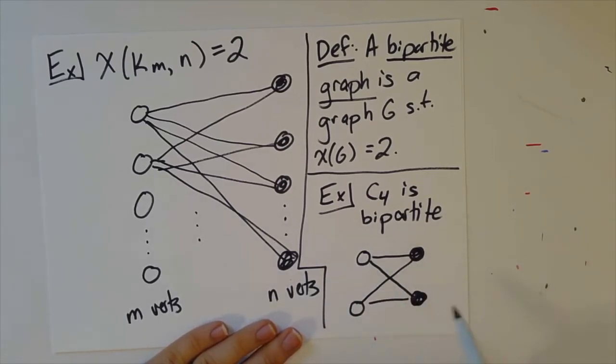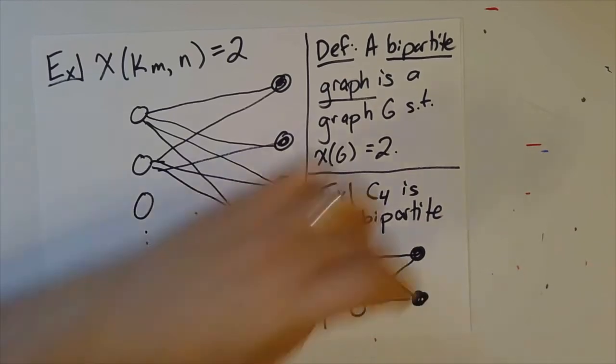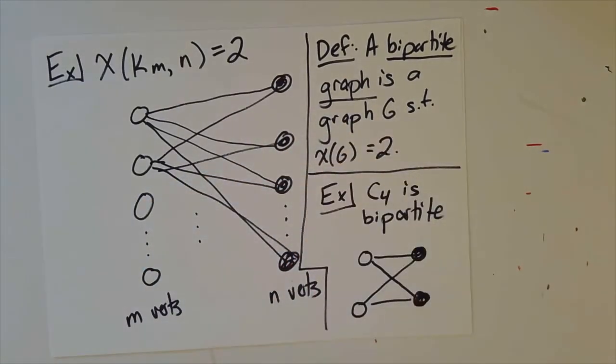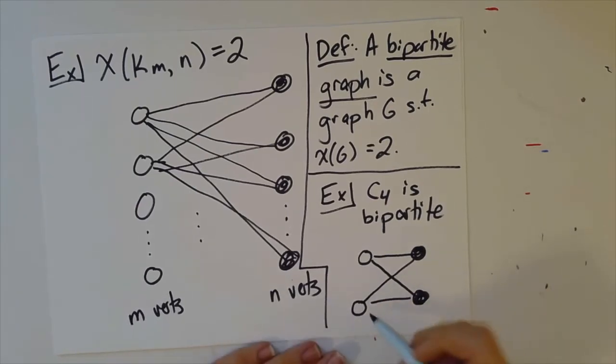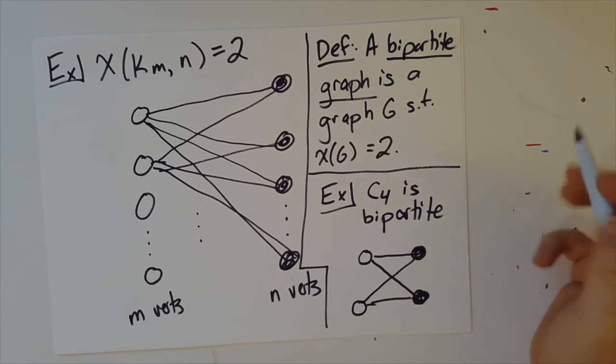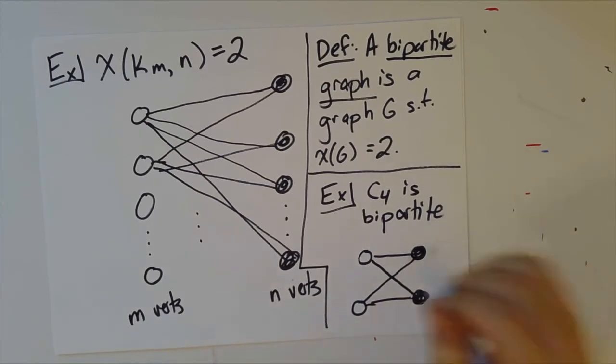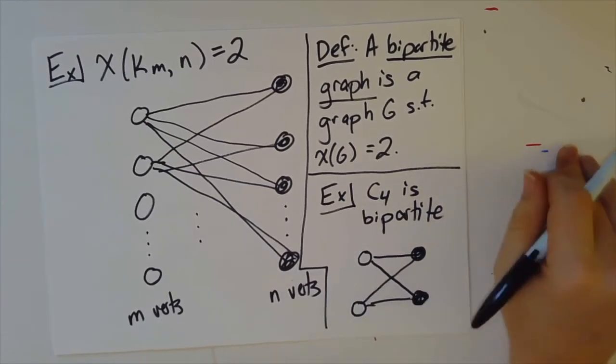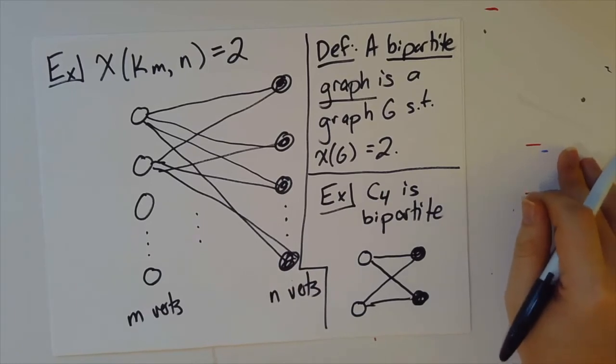Okay, and so this is C4. If I want to make this look like C4, I just have to flip those 2 around. So this hourglass graph is really the same as C4. On the other hand, C5 is not bipartite because we showed that the chromatic number of C5 is actually 3.